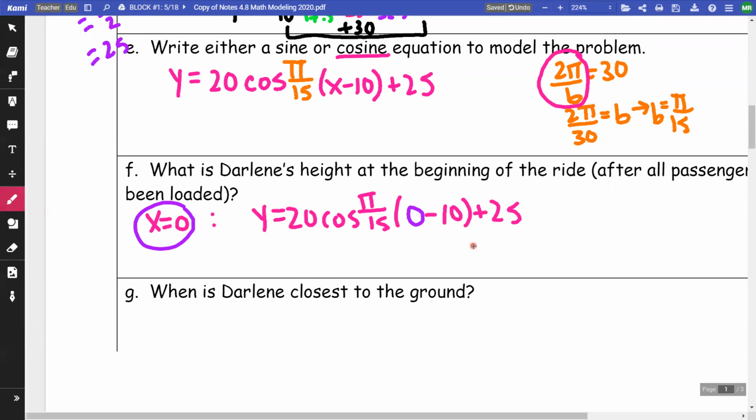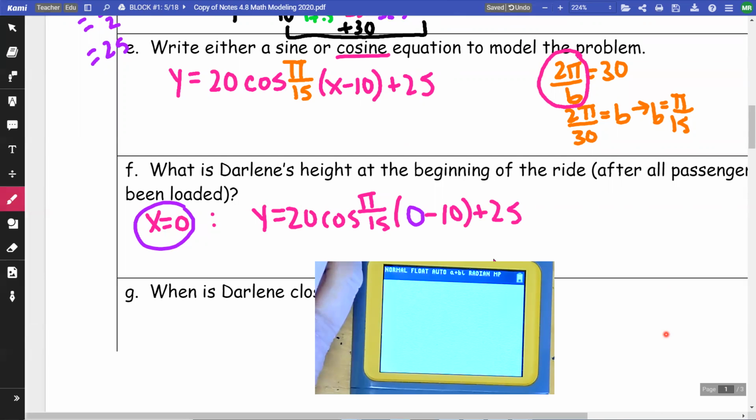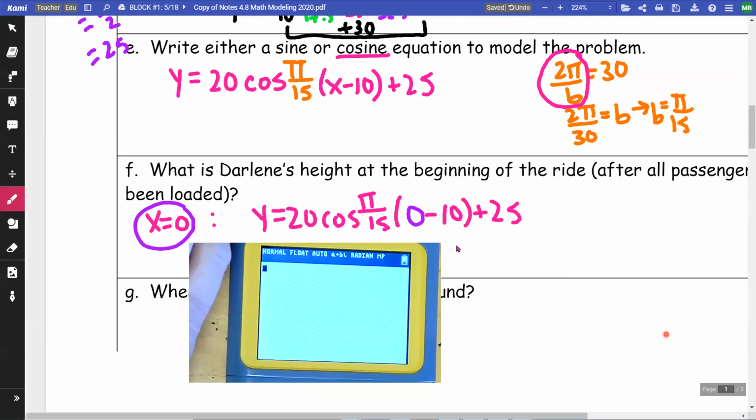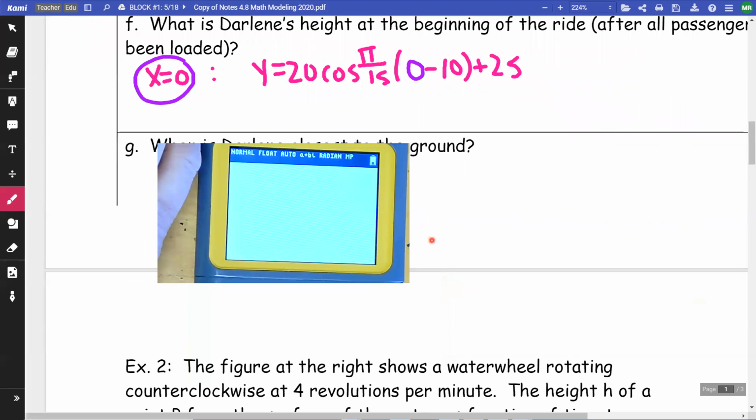And when I put this in my calculator, you want to make sure that you're putting your calculator in radians.